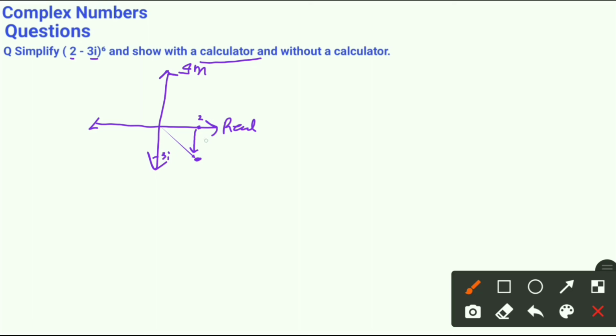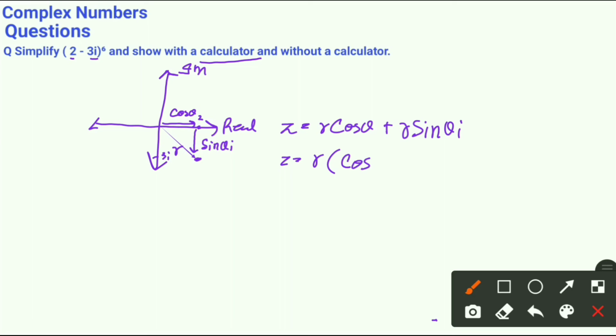If we break it down, then this will be sine theta, this will be cos theta, and this is r. So we could write z is equal to r cos theta plus r sine theta iota, and we could take r common and write it down like this.